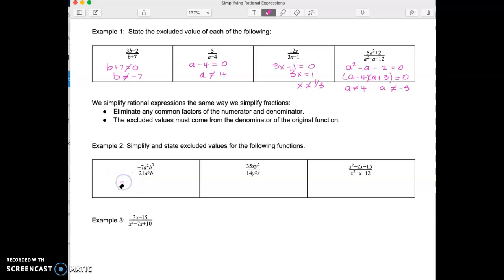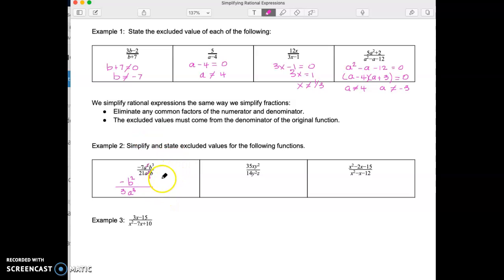That would be a negative on the top, and we would have a 3, because 21 divided by 7 would leave us with 3. We have a squared over a to the 5th. So when we simplify this, the a's cancel out, and I would have 3 left. So we're just doing a little bit of division here. And then b to the 3rd divided by b to the 1st would be b squared.